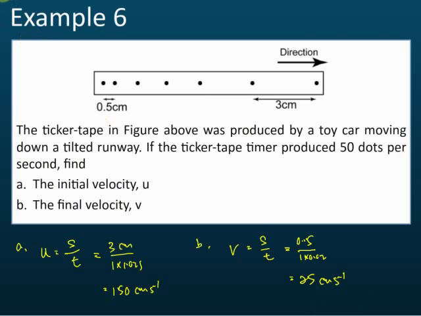So that is the initial velocity and final velocity. It's very easy, right? We just take the distance and divide by time. The time is one tick in this case. As I told you, finding velocity is easy from a ticker tape, but finding acceleration is quite hard.